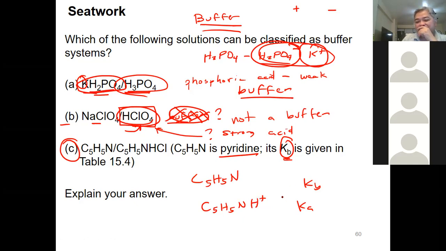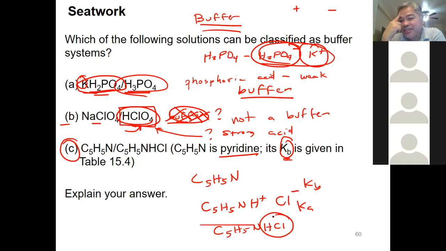And you have this one. Because the class before you told me that this cannot be a weak acid, a weak base, because you have an HCl. But is this really HCl?